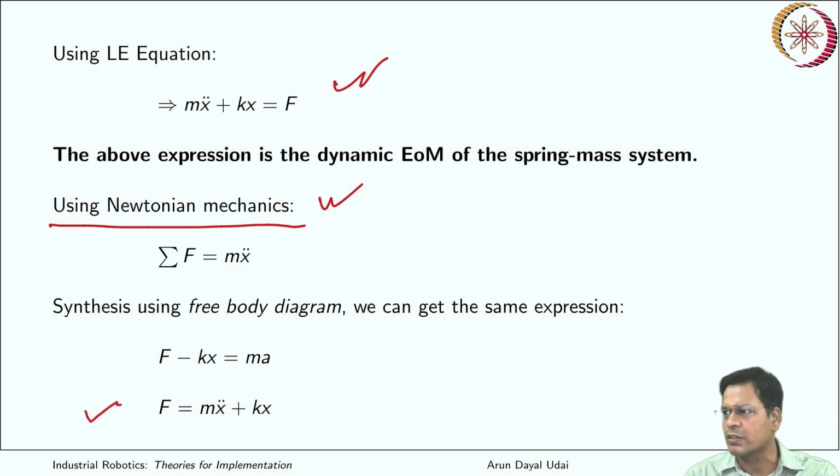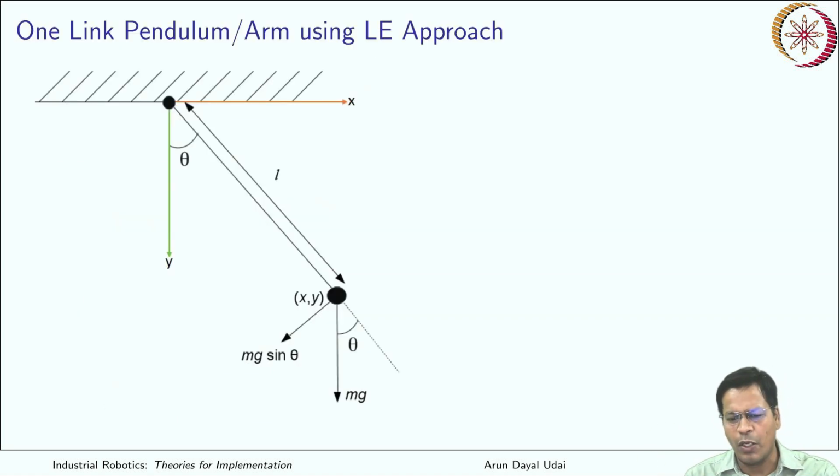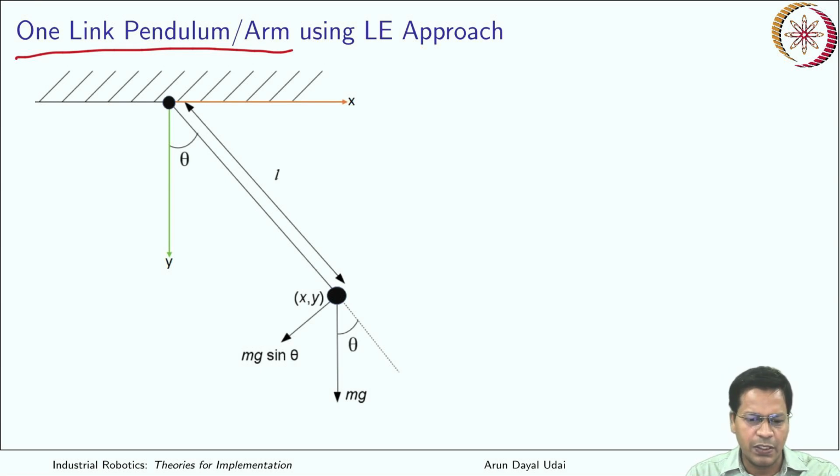Okay, so now let us start with a general system. We'll extend upon that and finally we'll reach a robot. So this is how a one link pendulum or an arm is given. It is attached over here. This is your mass. To make things simple, I have taken a concentrated mass at the end, which looks like a pendulum here.